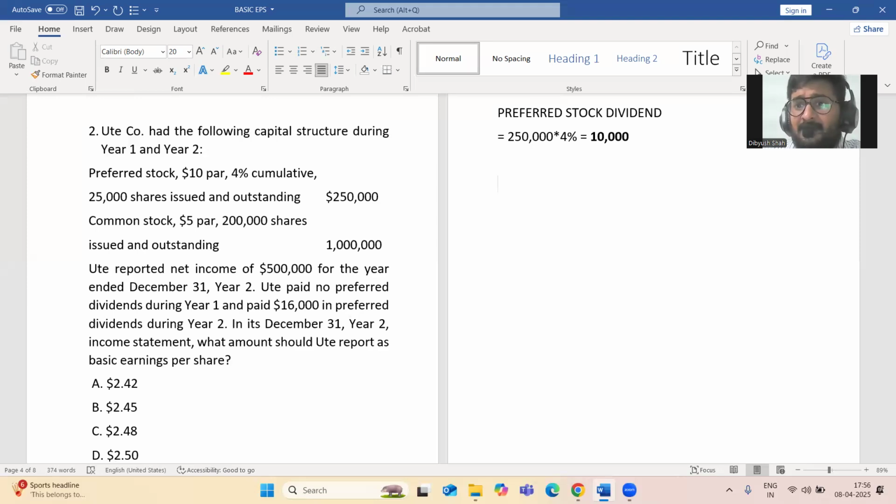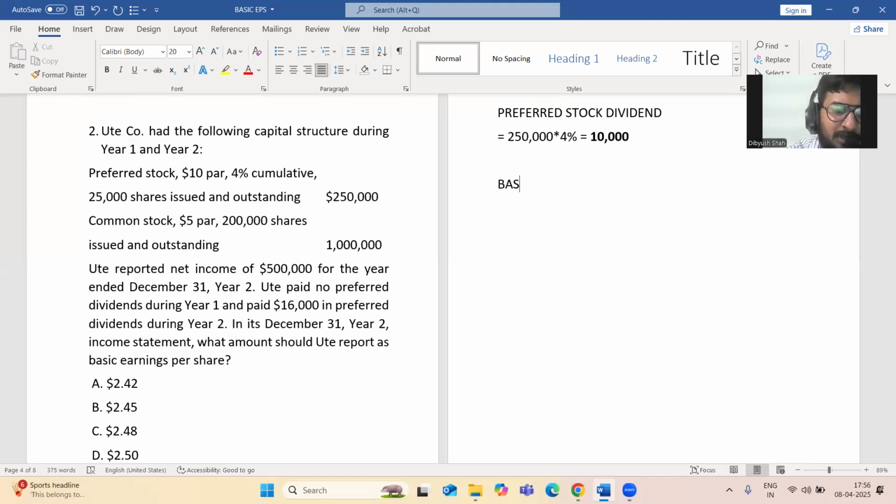Still it is less, right? Because 10 plus 10 becomes 20. But we don't care in case of cumulative what is the actual dividend declared or paid. We only look at what should have been 10,000. In its December 31 year 2 income statement, what should be reported as basic earnings per share?